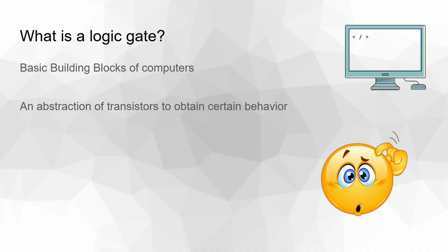You'll see these behaviors later, but if you've programmed before, you might know when you do an if statement, you do if variable x is true and if variable y is true. That and operator is Boolean algebra, Boolean logic. Logic gates are an abstraction of transistors to obtain that Boolean-like behavior.